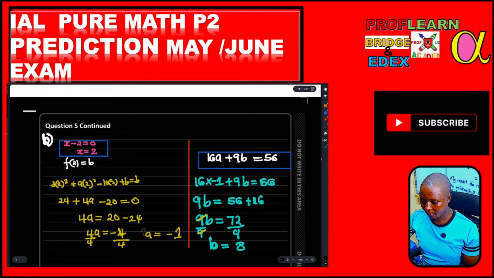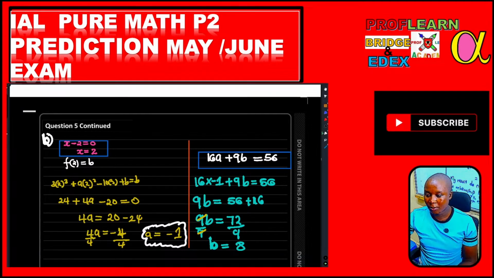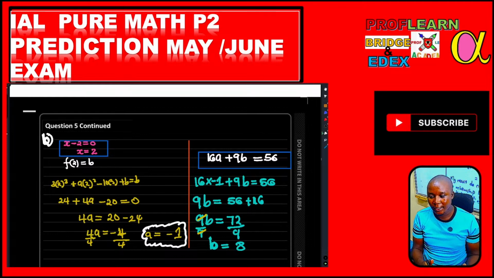We have our value of a reducing to -1. In order to find the value of b, because that's what we are supposed to find in this part of the question, we substitute the a that we have gotten as -1 into the equation that we had gotten in part A, which is 16a plus 9b equals 56.